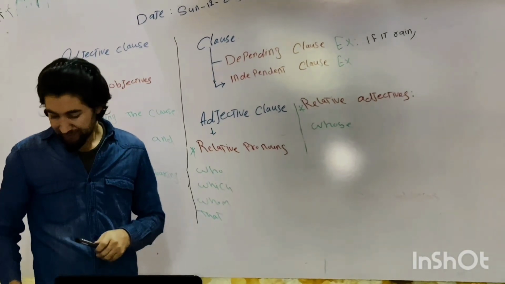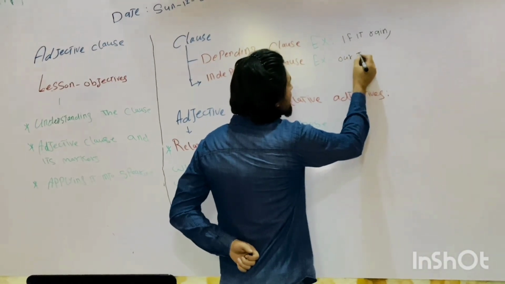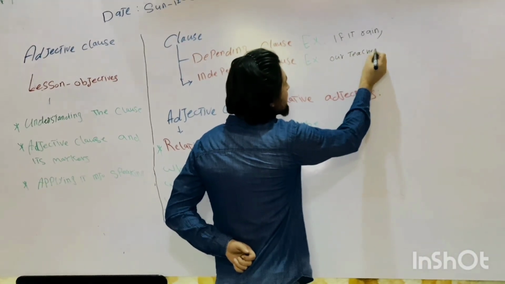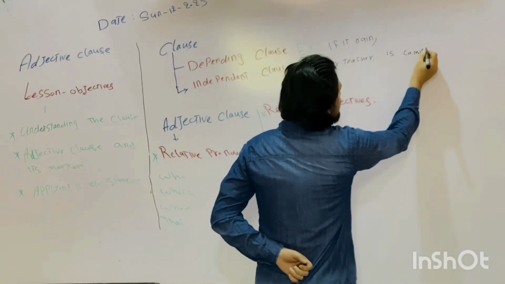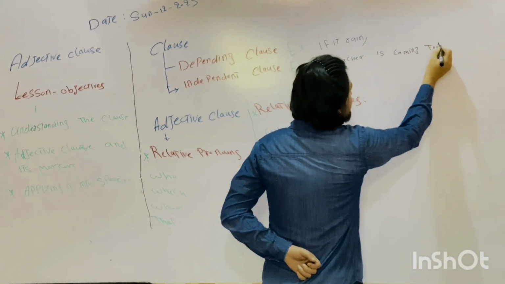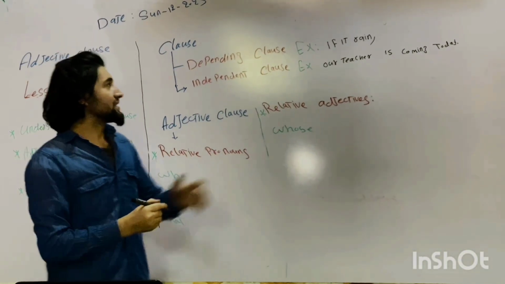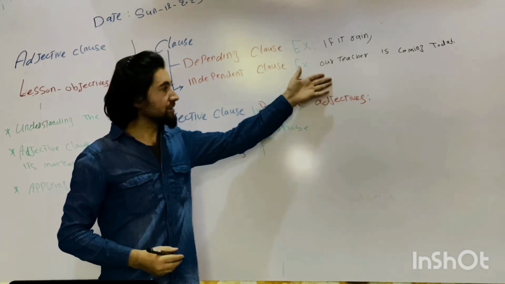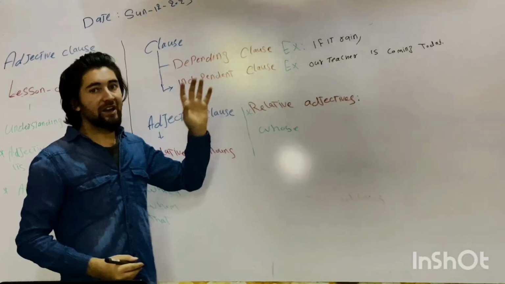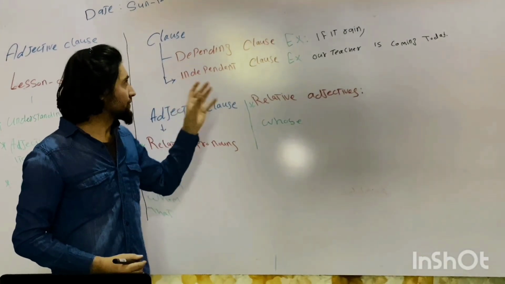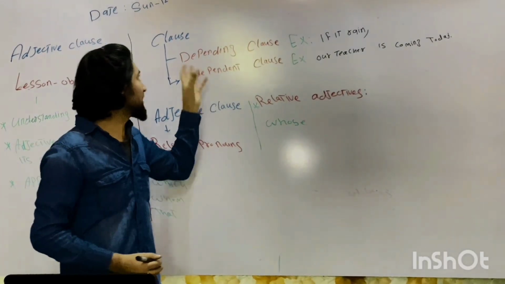For example, our teacher is coming today. Look at this sentence. It gives you a complete meaning and it can stand alone. That is an independent clause. I have already talked about it. We have two types of clauses and I hope that you have learned many things throughout this topic.